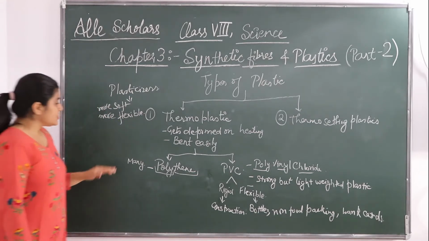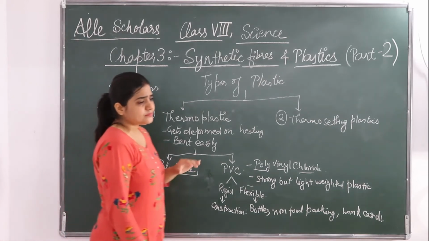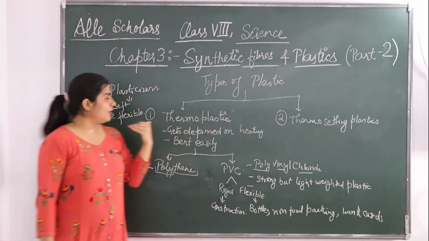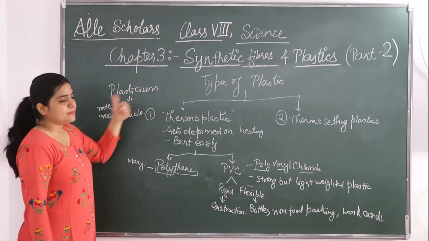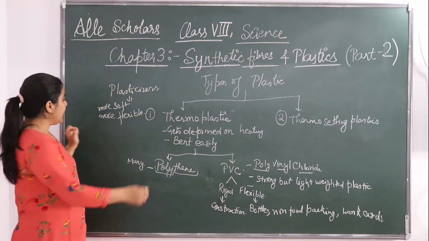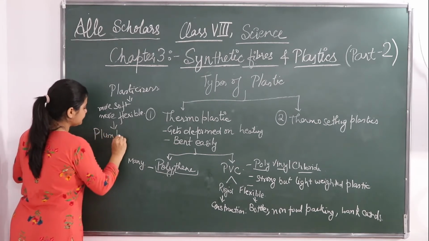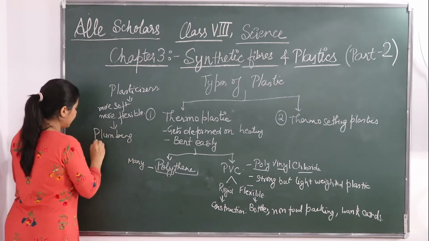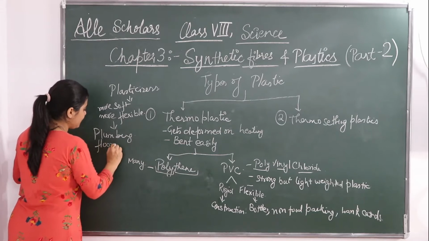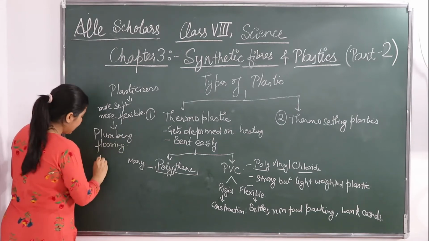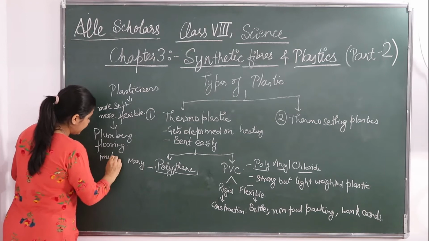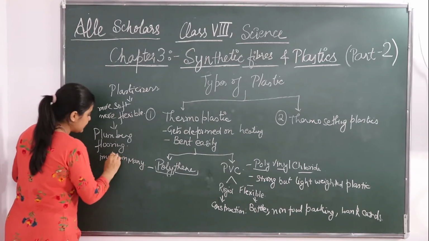So this type of more soft and more flexible PVC, with plasticizers, is used in plumbing, in making floors, that is in flooring. Imitations, different imitations are done using it.